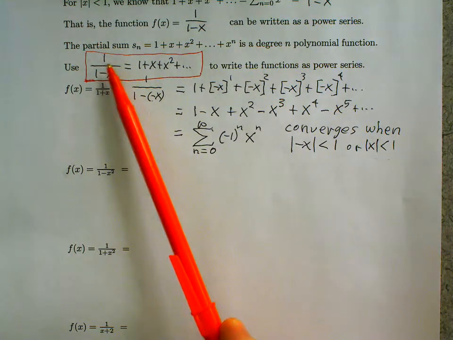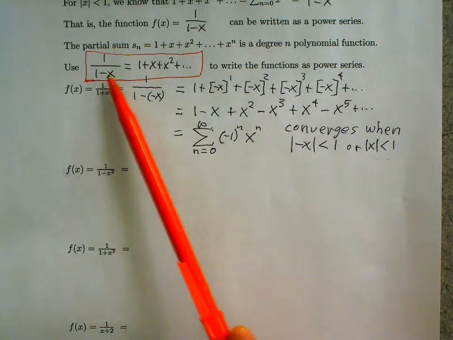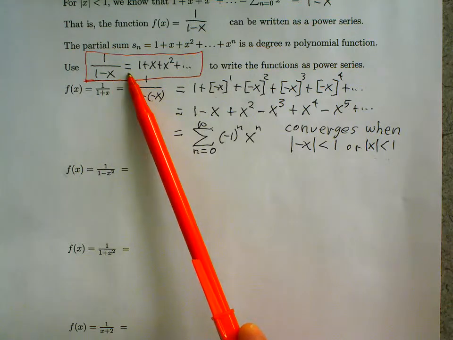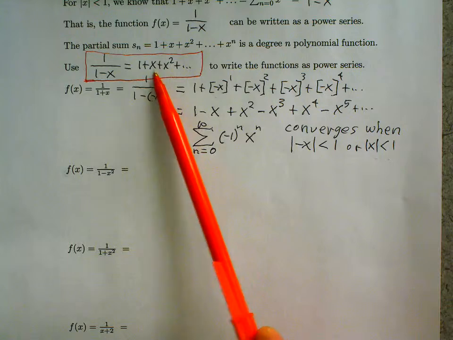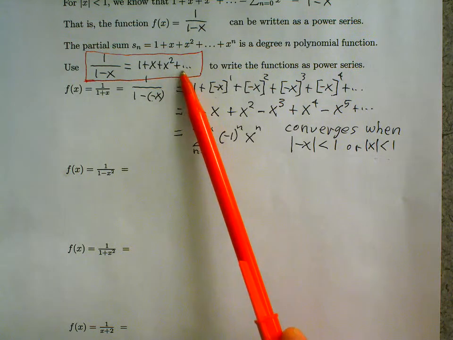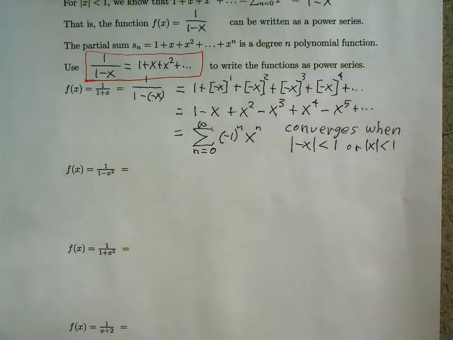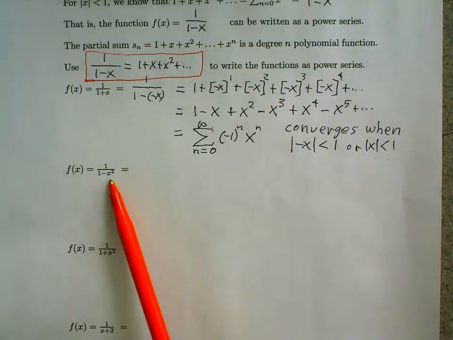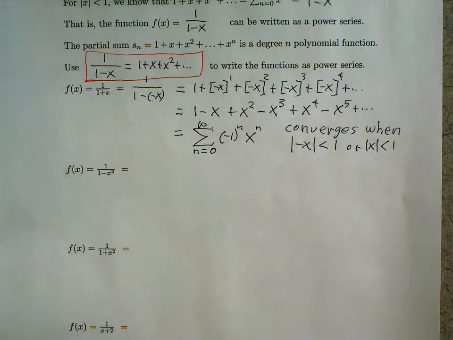But as was illustrated earlier, if we have 1 over 1 minus f of x, then the power series representation is 1 plus f of x plus the square of f of x plus the cube of f of x, and so on. So in this case, f of x is just x squared.